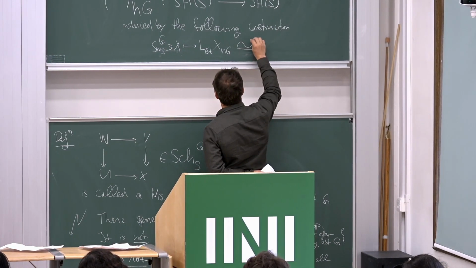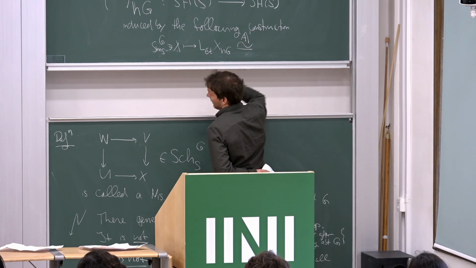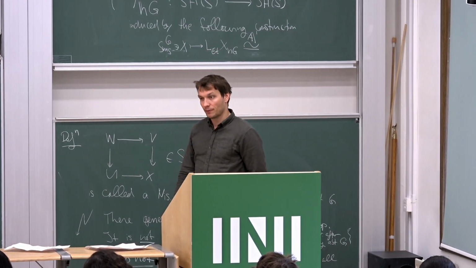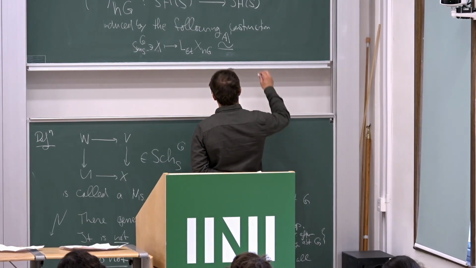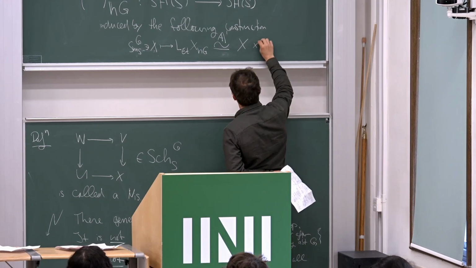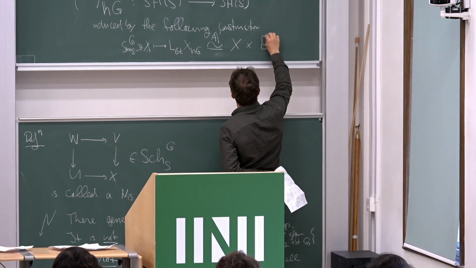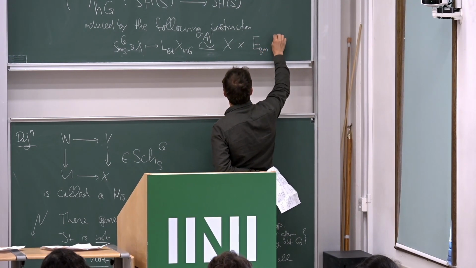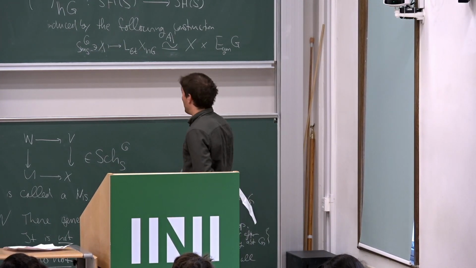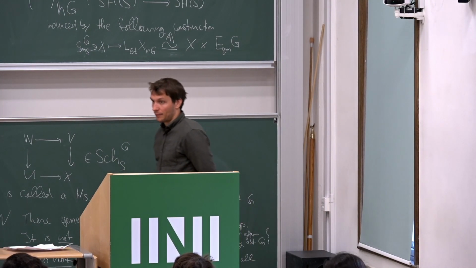So this thing is A1-equivalent, in my category of motivic spaces, to something else which maybe looks slightly more reasonable. And what you do is you take X, now as a scheme, and you take the product with something which I'm going to denote by EG_gm. So this is supposed to be a geometric model for EG.